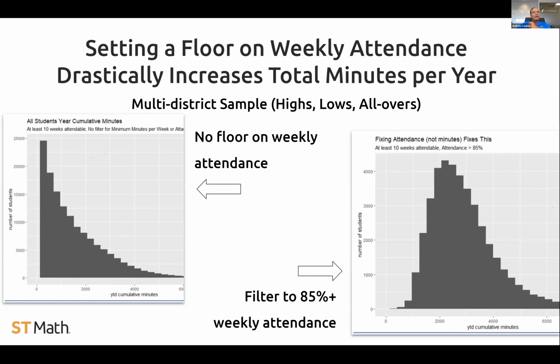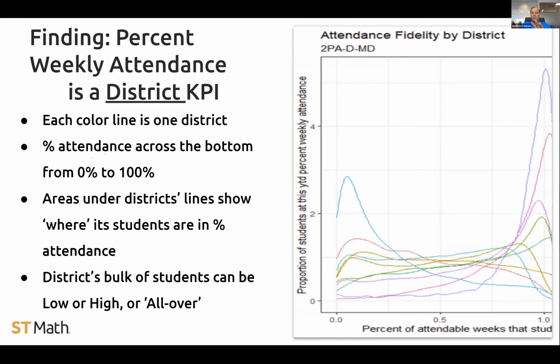So what if we imagine that we can take one of the lower situations, or even an all-over situation, and make it look more like one of those higher situations, where most of the students are piled up at that not-skipping-weeks, regular attendance?